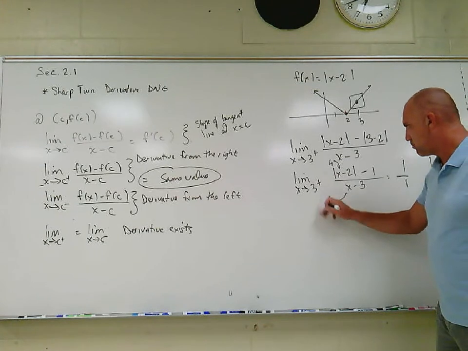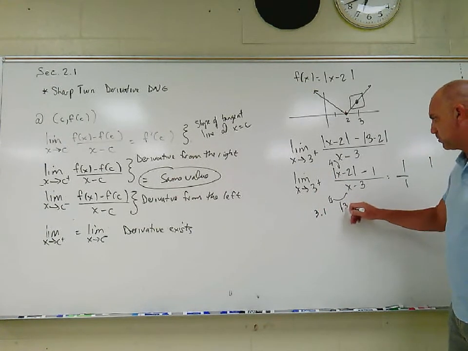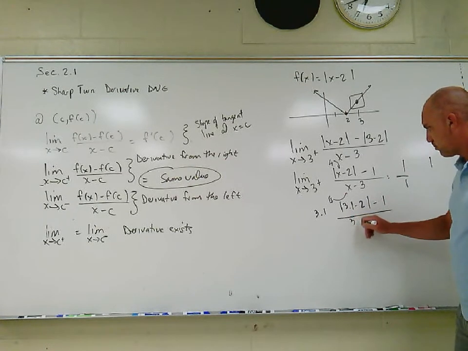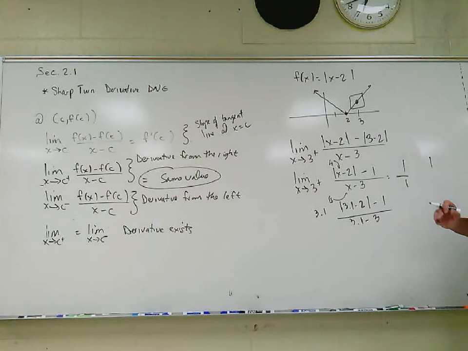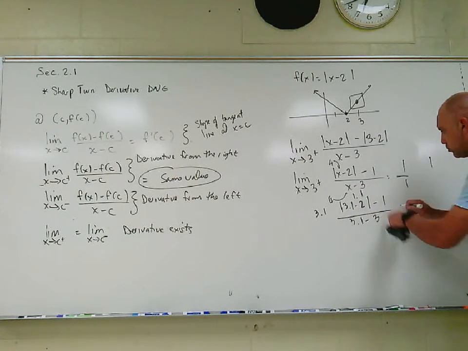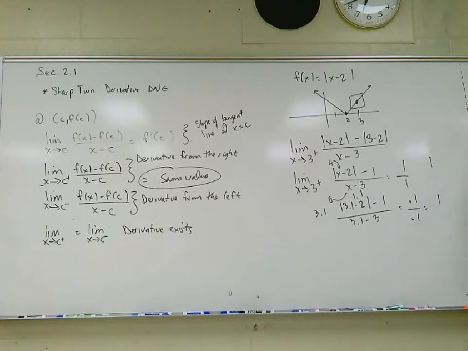Even if you plug in a 3.1, it's the absolute value of 3.1 minus 2, minus 1, over 3.1 minus 3. This becomes 1.1 minus 1, which is 0.1, over 0.1, which is 1. So I can see I'm always going to get 1. So this equals 1. Not pretty. It's hard to look at it algebraically. It's easier to look at it numerically.